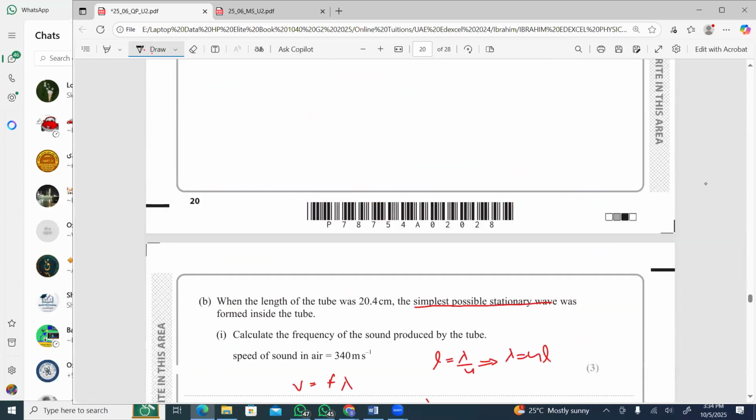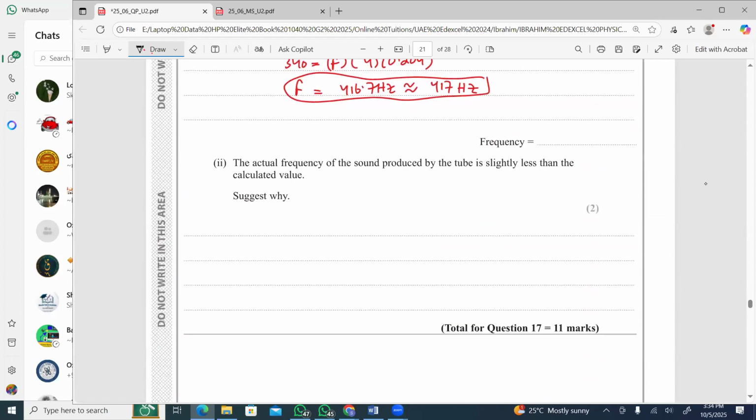So how is it going to change the frequency value? Frequency is actually v over lambda. Our wavelength is not the same as the one it should be, because there is a slight gap between the tuning fork and the tube. So our wavelength is decreased. Due to that, our frequency has been increased, right?